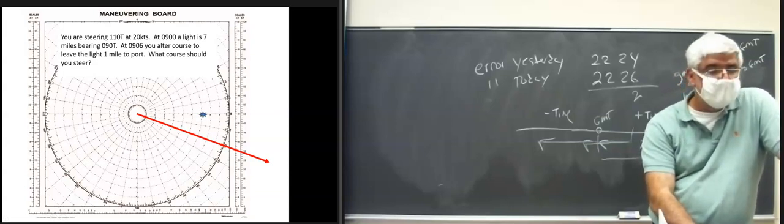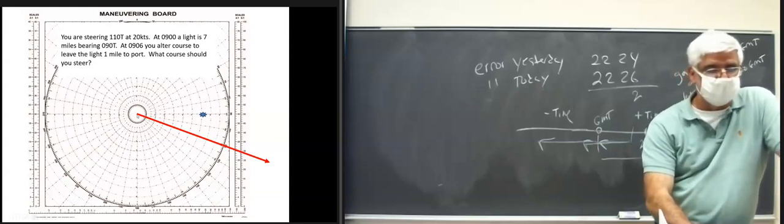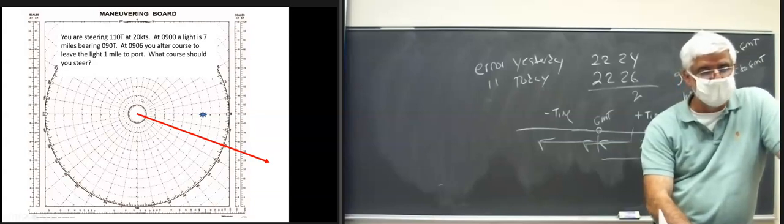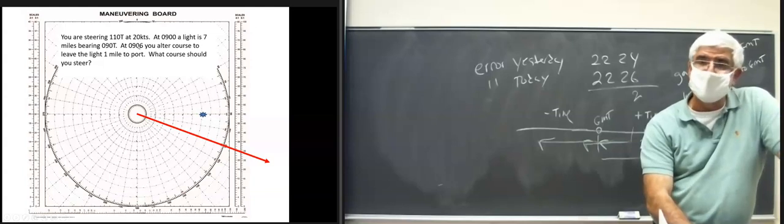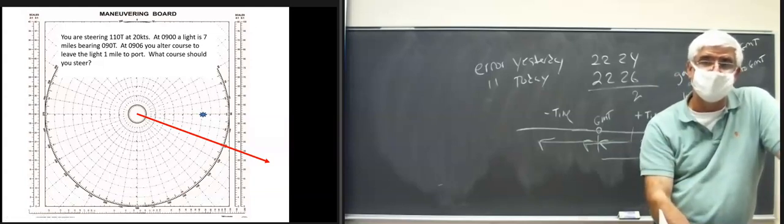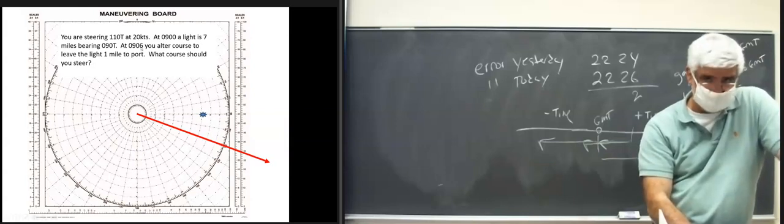At 0906, you alter course. If this is 0900 here, where's 0906 going to be? Somewhere down here, right? What speed am I making? 20 knots. How many minutes have passed? 6 minutes. A lot of times these problems are set up with the 6-minute rule in mind. So I'm going 20 knots in 6 minutes. How far would I go?